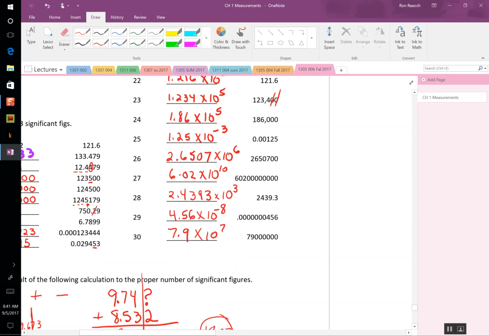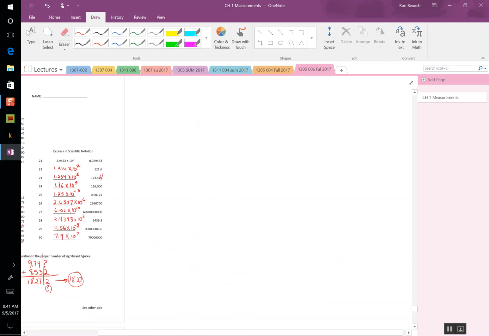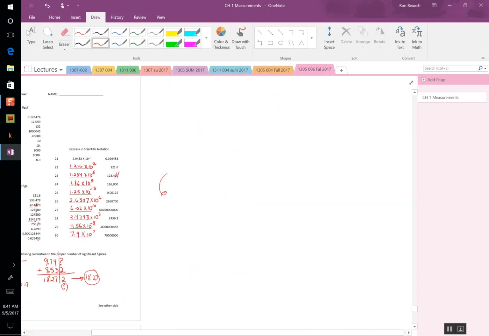We're going to be seeing a number like 6.02 times 10 to the 23rd in chapter 4. We're going to get to the mole, and that is a mole. And you don't want to write 602 and then 21 zeros after it. Uses a lot of paper, a lot of ink, and takes a lot of time. There's a nice way of doing it.